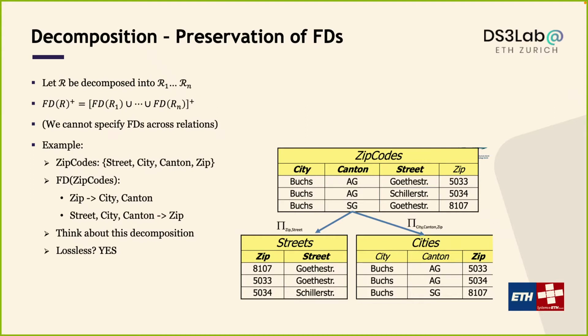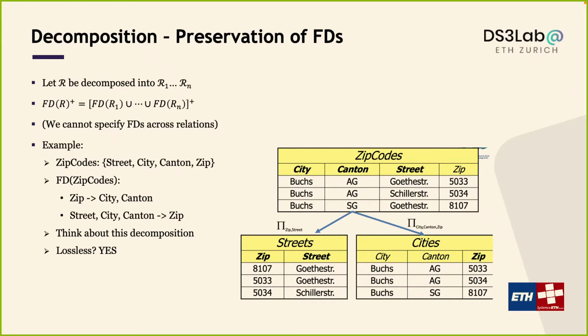If you think about why, there is a functional dependency from zip code to city and street. Once I know the zip code, I know which city and which street it is. Because of this, it satisfies the lossless decomposition condition. That is, the intersection of these two small relations is the zip code, and there's a functional dependency from it to city and street, to one of these. So it's lossless.